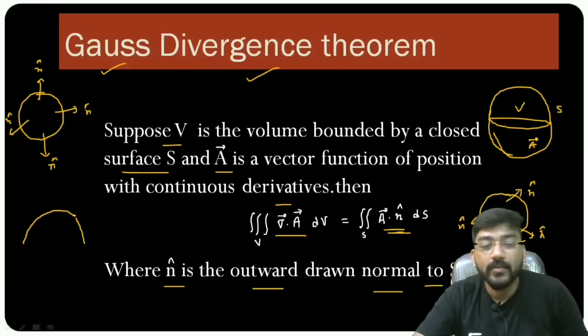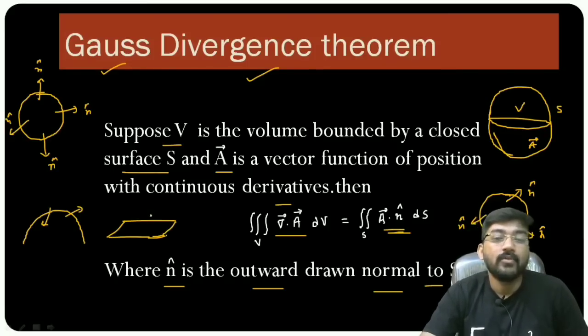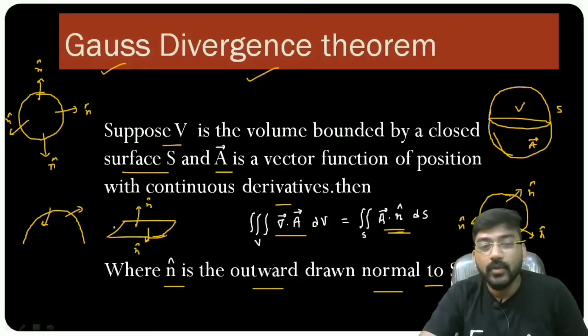For an open surface, the outward drawn normal may be along this side or maybe along this side also. Suppose we have an open flat surface. You cannot tell which is the outward drawn normal, because it may be along this side or maybe along this side.